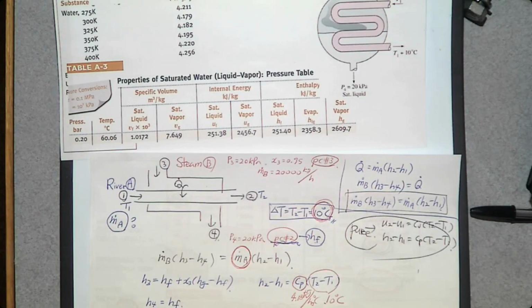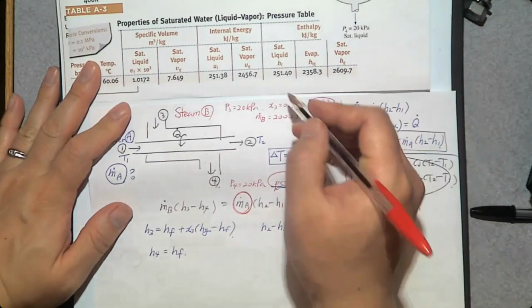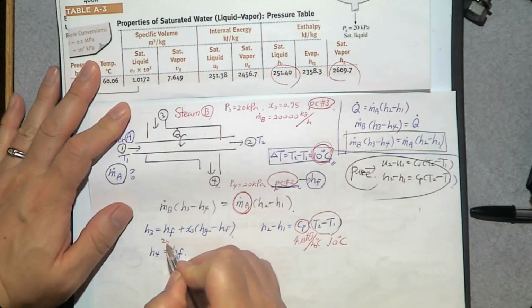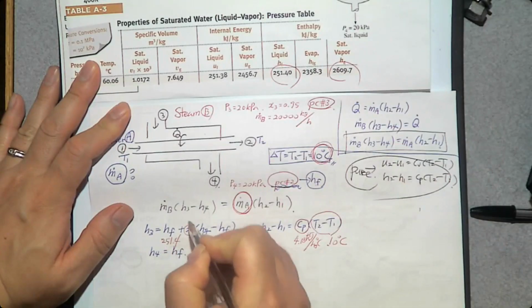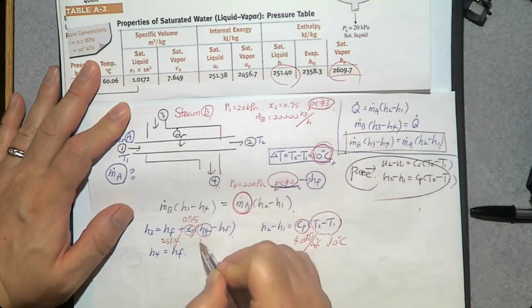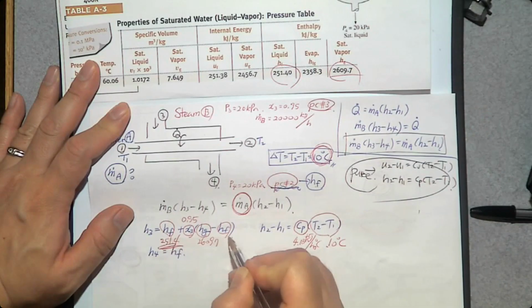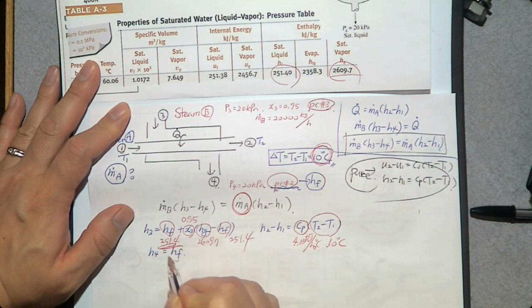So what is hf? This number. What is hg? This number. So 251.4. What is the quality x? 0.95. What is hg? This one, 2609.7. What is hf? We just found 251.4. What about this hf?